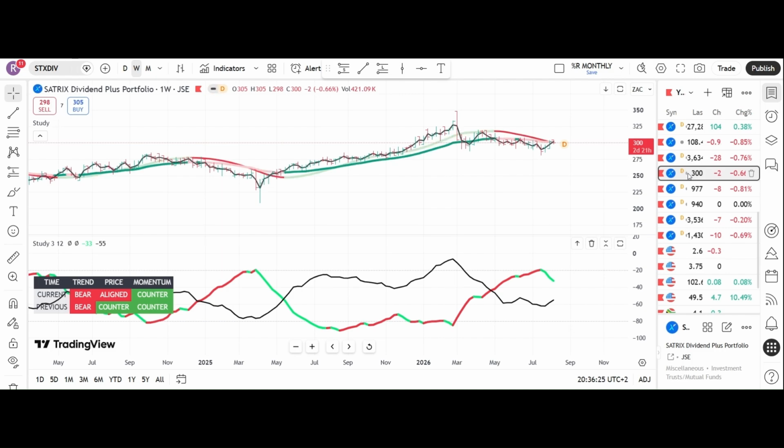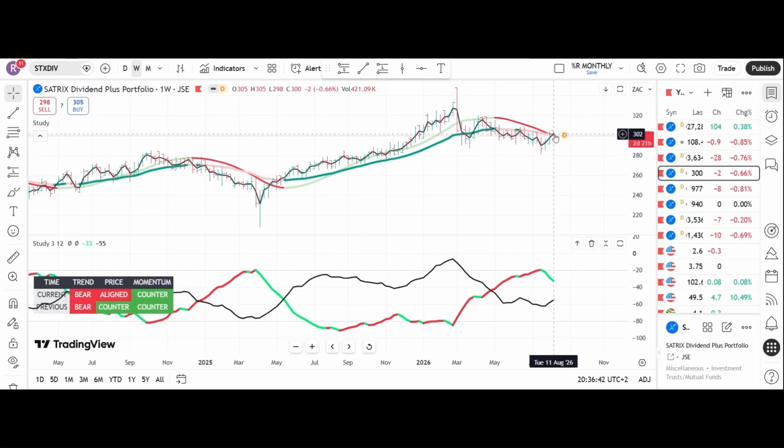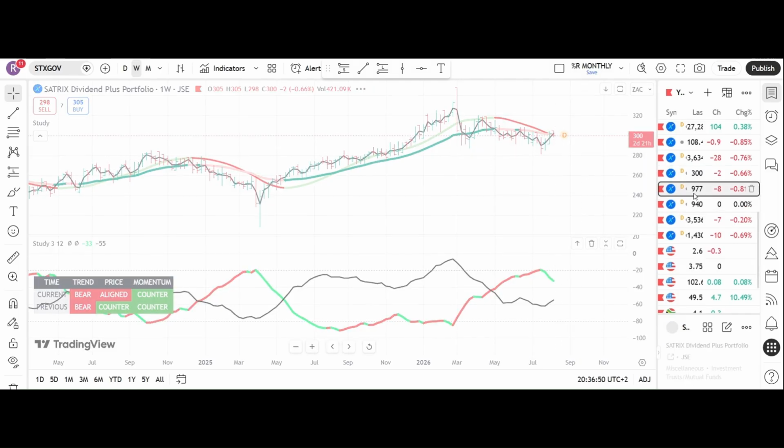We see that it is, like the others, in a bearish trend. The price is aligned with a bearish movement, and there's a counter trend in momentum. It didn't cross as clearly over its two moving average lines, and even closed slightly below it.